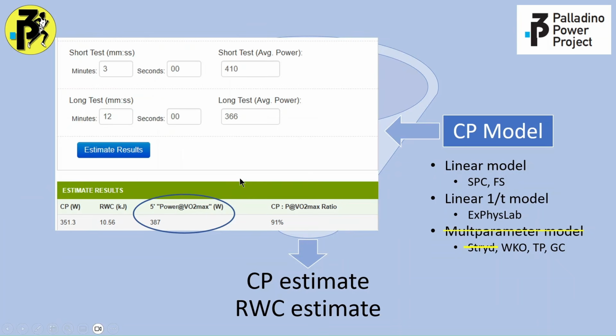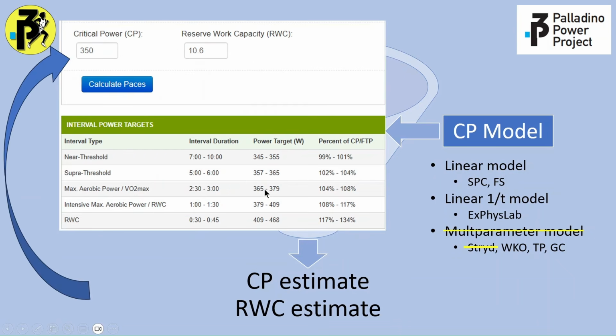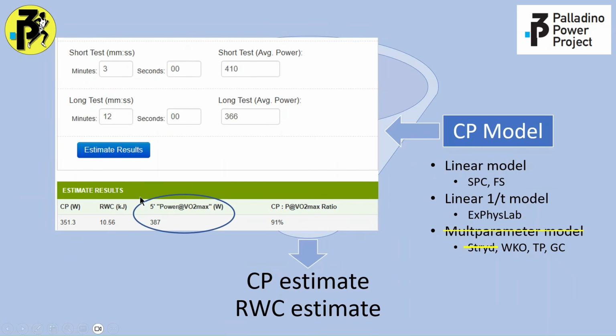So, this is 387, and the power target calculator was giving you these power targets, which are pretty close to 387 here for longer max aerobic power intervals, and for shorter ones, it's actually right in the mix. So again, remember, this is your estimated 5-minute max power.